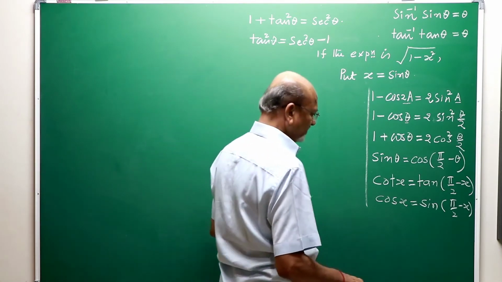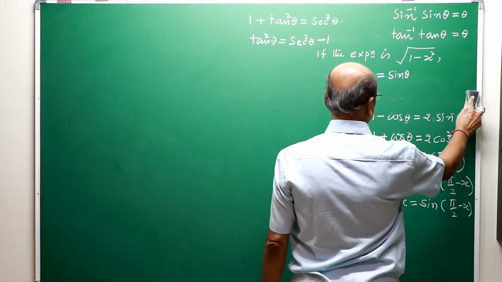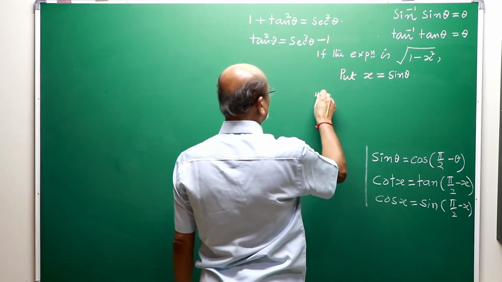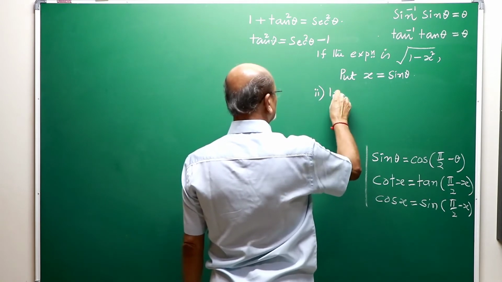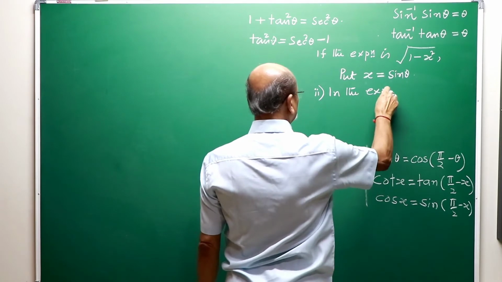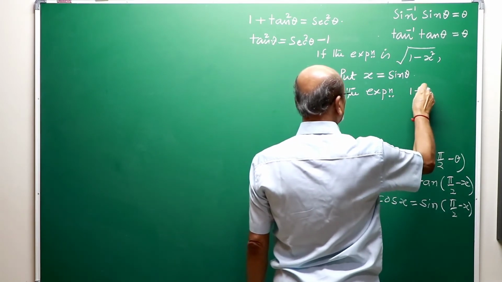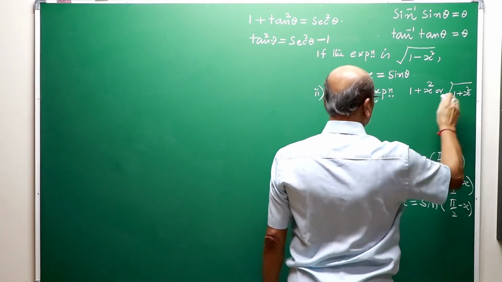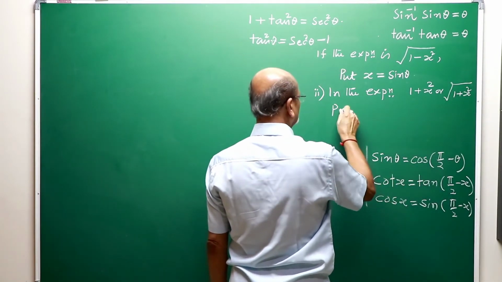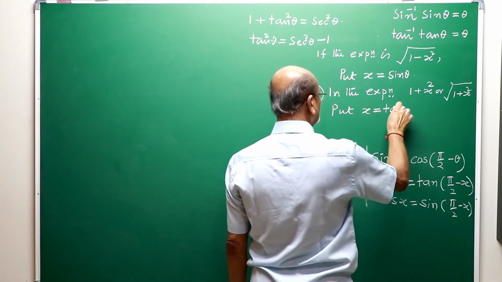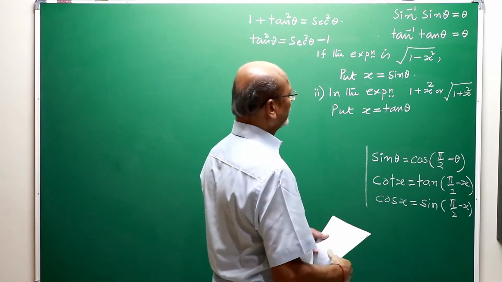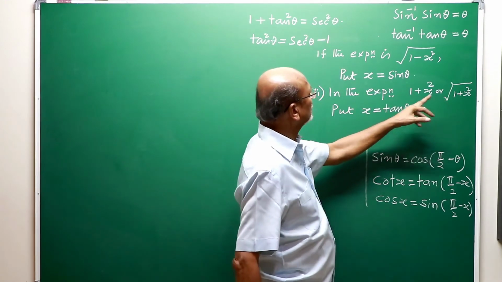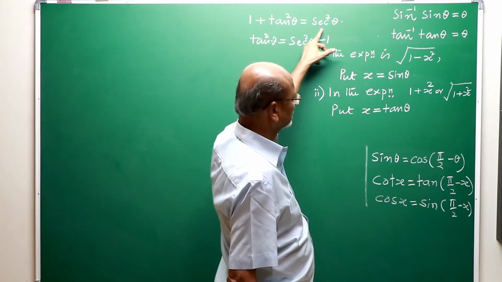Now if the expression has either 1 plus x square or root 1 plus x square, substitute x equal to tan theta. 1 plus tan square gives sec square, and the root of it is sec theta.